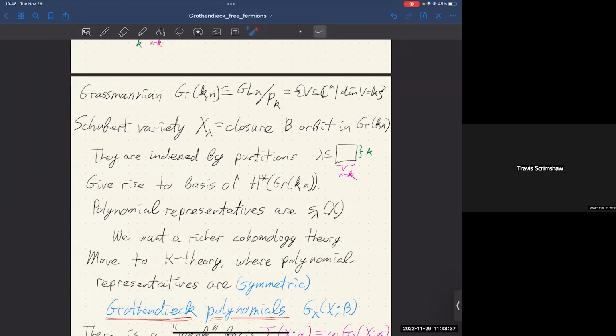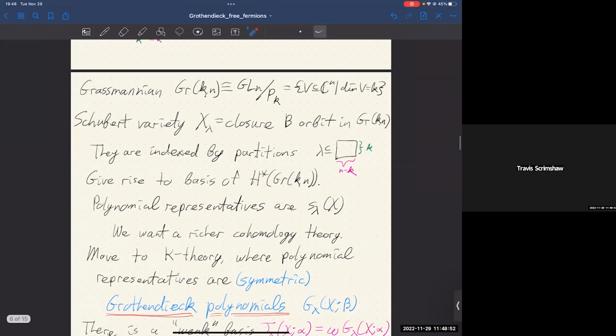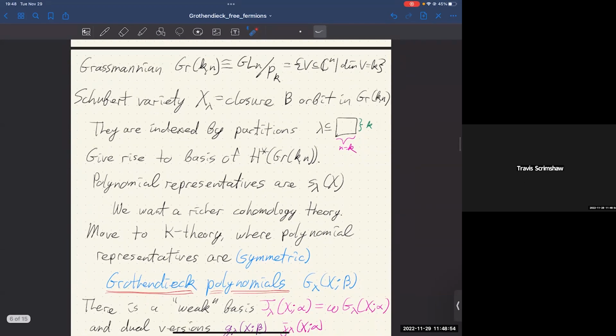And using this, well, this gives us basically a basis for the cohomology ring of the Grassmannian. And well, doing computations with algebraic varieties and intersections and that kind of stuff is a bit of a pain. So we want to do something where we can just manipulate polynomials.